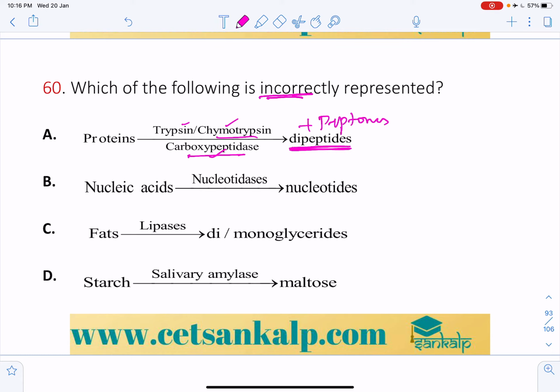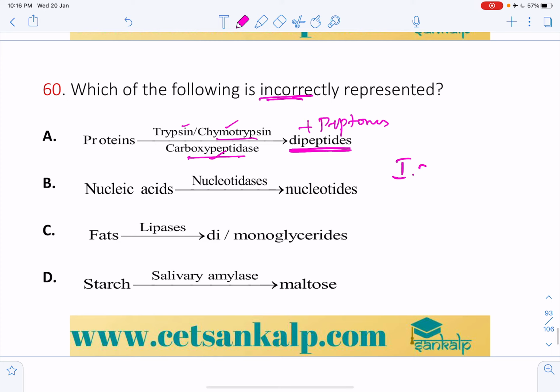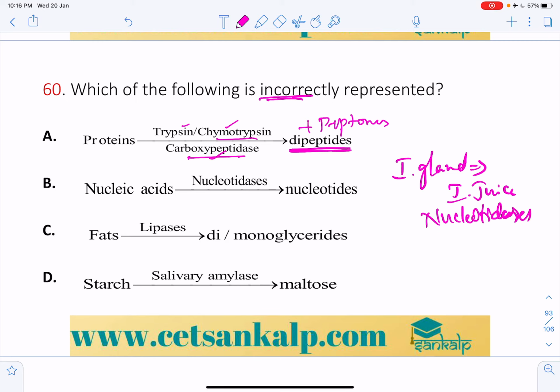Next, in the intestinal glands, this is very, very important. Intestinal glands, where the intestinal juice is produced, there we can see nucleotidase and nucleosidase.